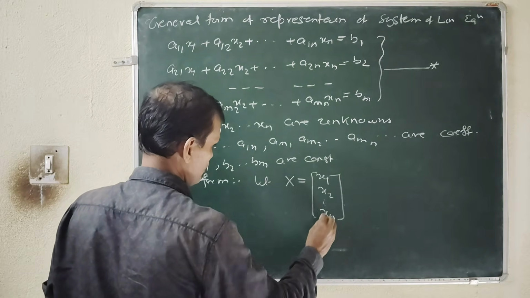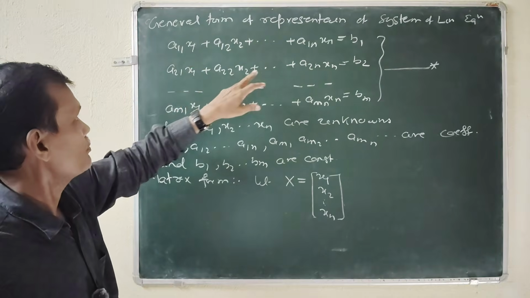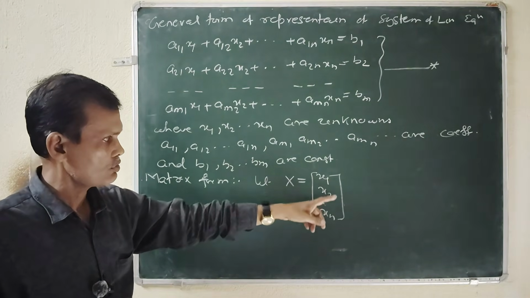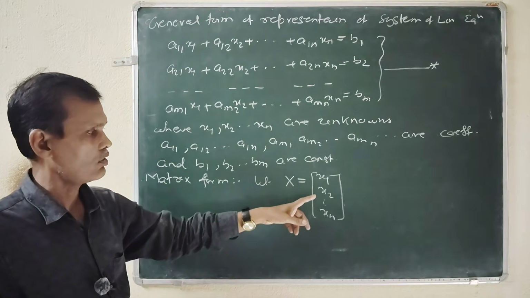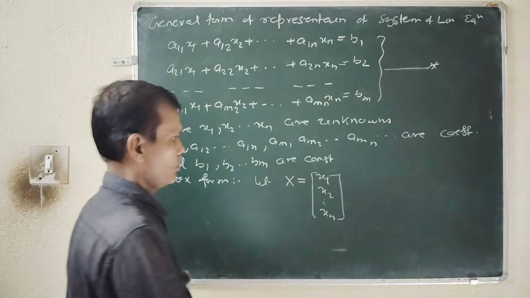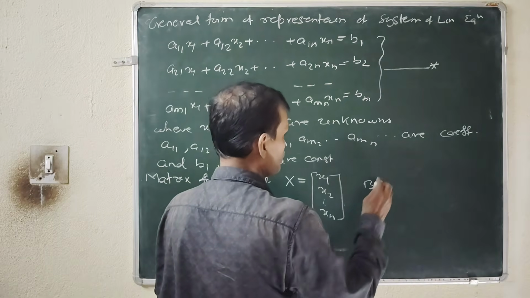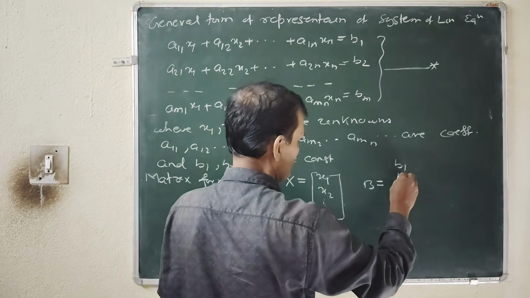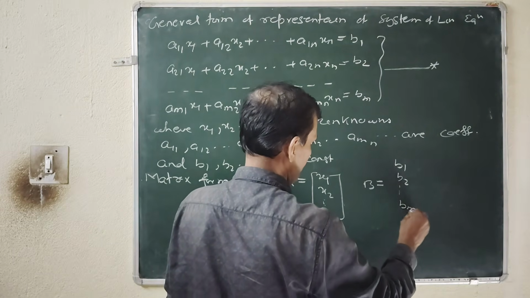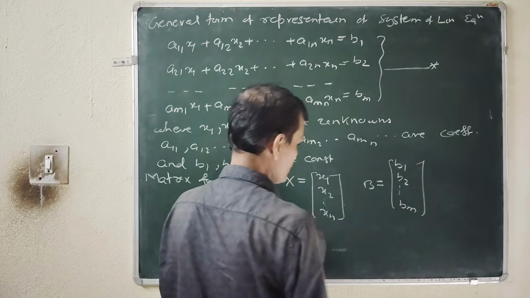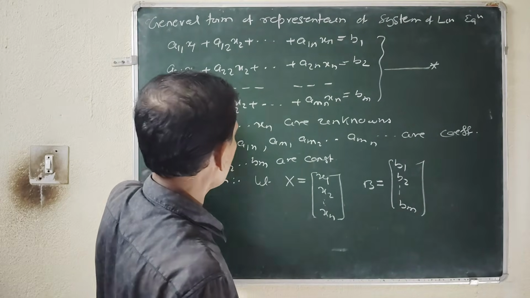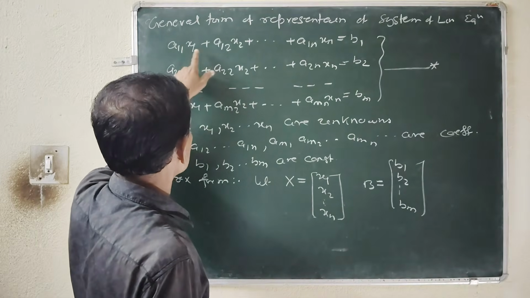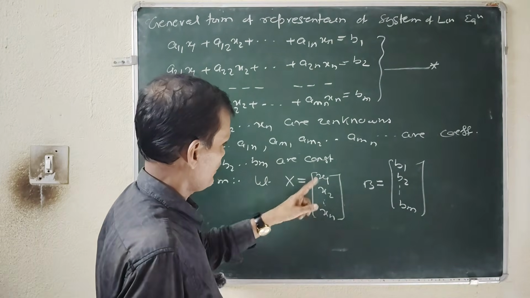This is a column matrix, the unknowns. Also consider another matrix B by considering the constants on the right hand side, that is b1, b2 up to bm. Why m? Because there are m equations, so there will be m constants. Why up to n? Because there are n unknowns, x1, x2 up to xn.